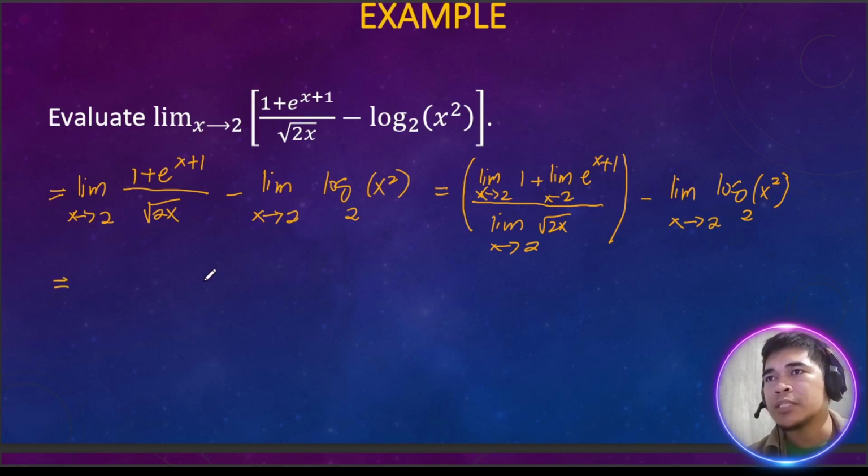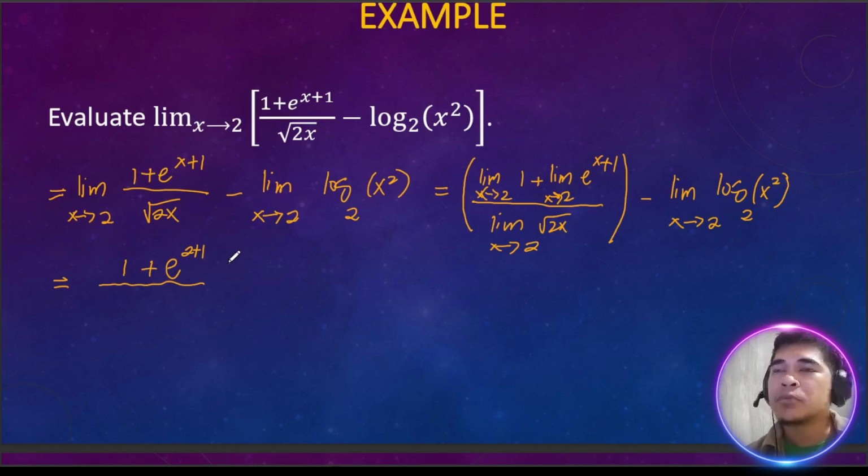Now what is the limit of 1 as x approaches 2? That is 1, plus the limit of e to the power of x plus 1 as x approaches 2. We know that e is Euler's number. We just replace the x with the value of our a, which is 2. So we get e to the power of 2 plus 1. According to the theorem, we just replace x with the value 2.